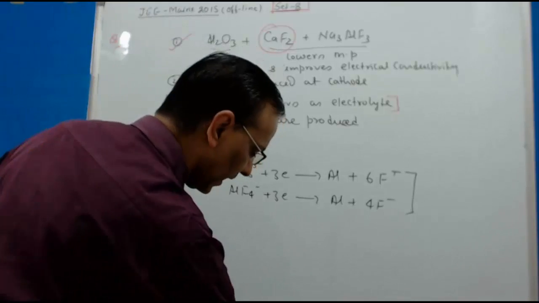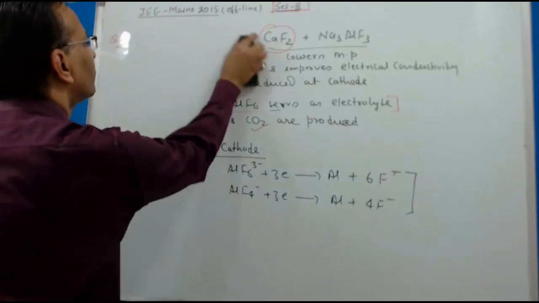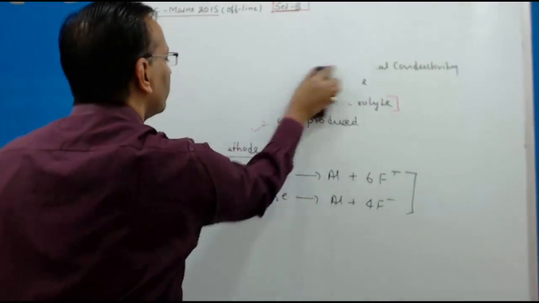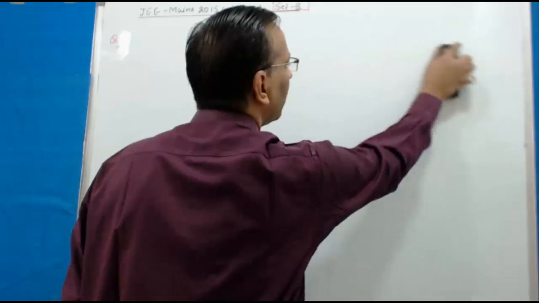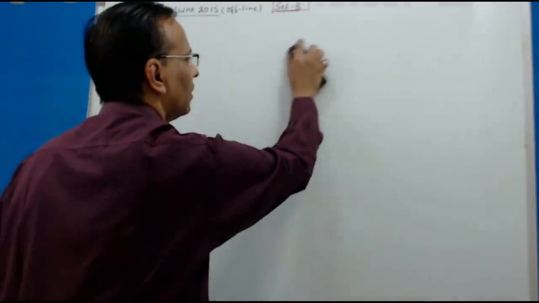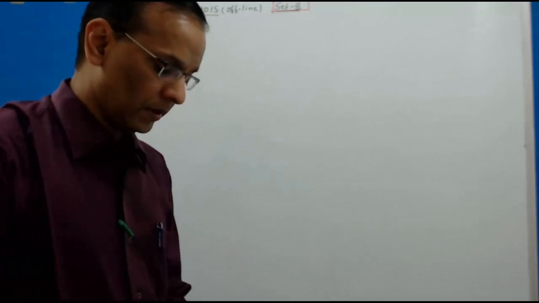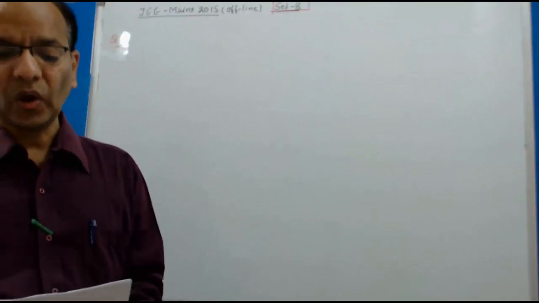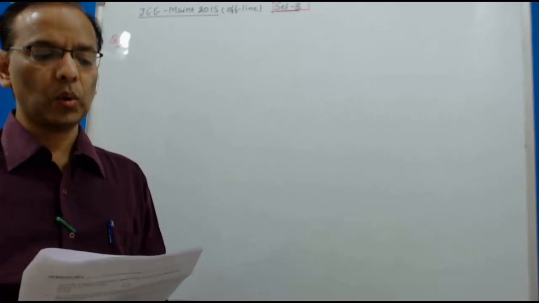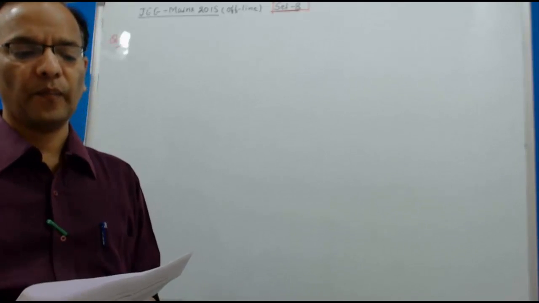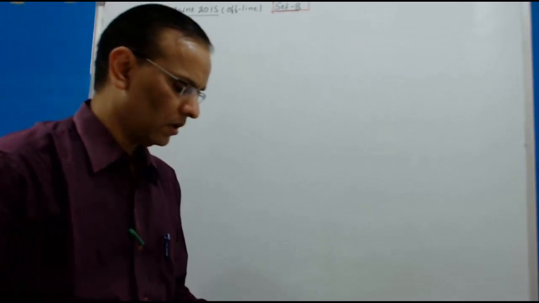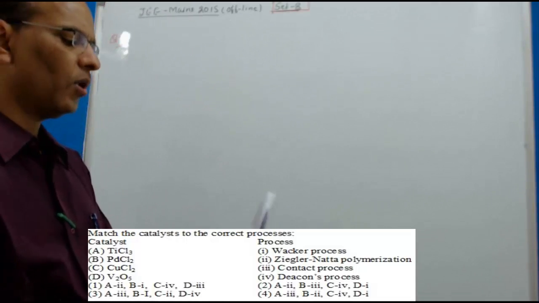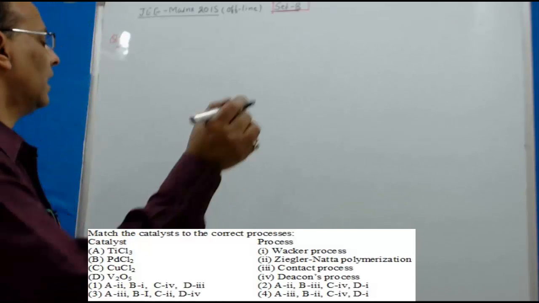In question number 9, the question is related to matching the catalyst. That is very simple, and that is a memory based question, so I am just writing the answer.